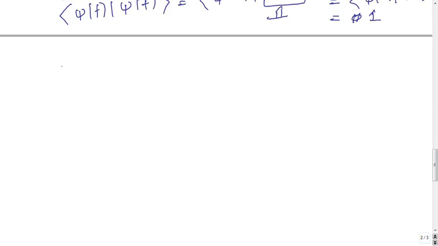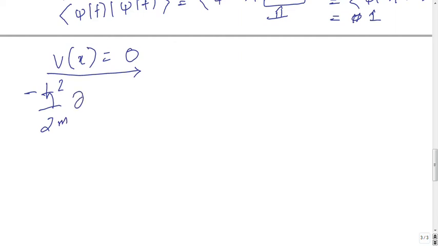Consider a particle moving in a space where there is no force or influence, so there is no potential in that space. So my Schrodinger equation becomes del squared xi of x and t, because our wave function can be a function of both space and time.